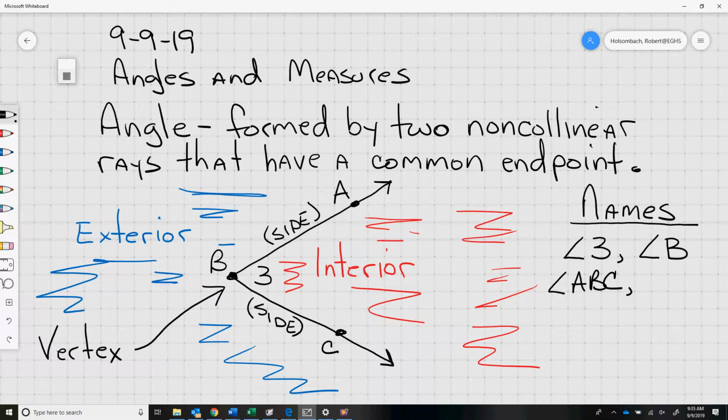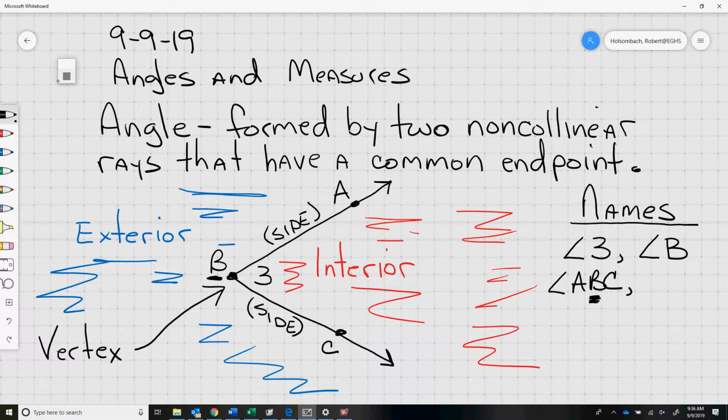This is really important when you're describing an angle with 3 letters: the letter that corresponds to the vertex has to be the middle letter in the description.